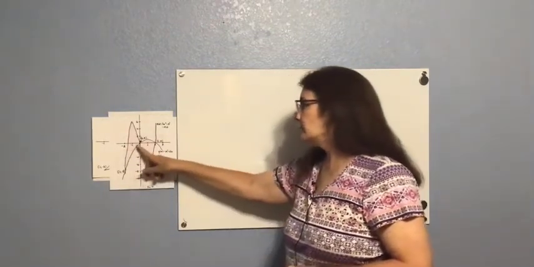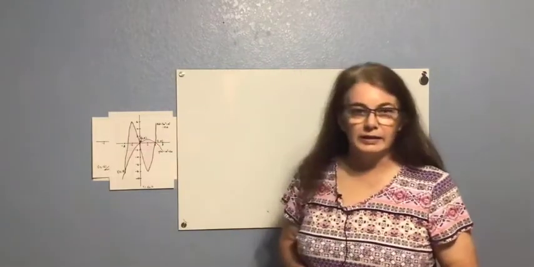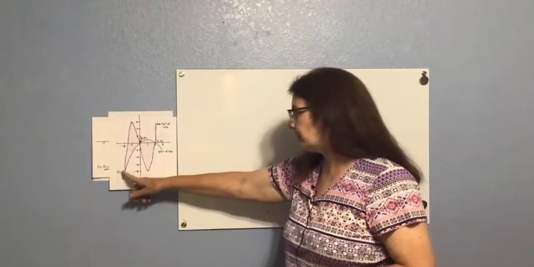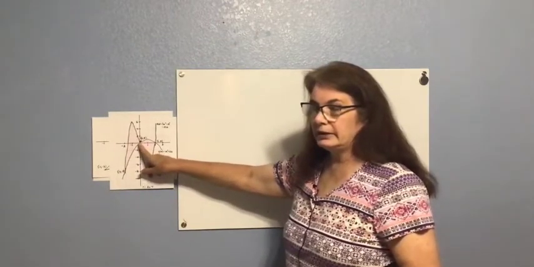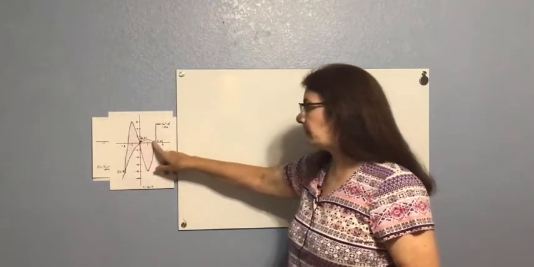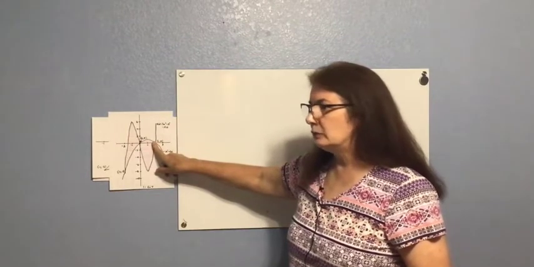Because there are multiple intersection points, we're going to have to integrate this in two different parts. We'll start with the region from negative 2 up to 0 and integrate that. And then we'll integrate the section from 0 to positive 2 and add our results together.